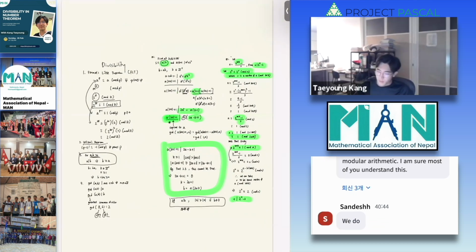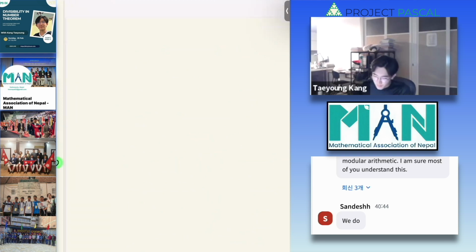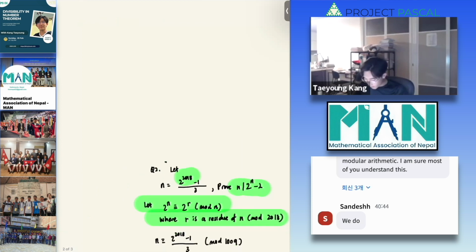Okay. Maybe I will try to re-explain it. So firstly, you guys agree that n is congruent to 1 mod 2018, right? Do you understand the Fermat's little theorem proof?